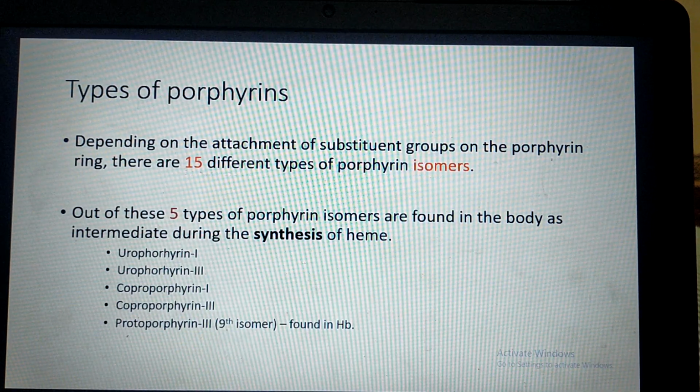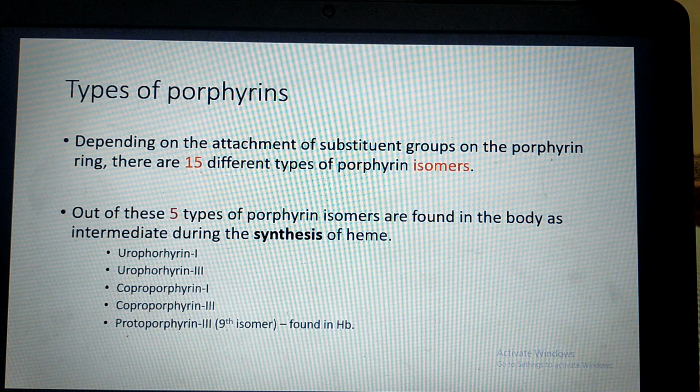As I have told you in the previous slides, depending upon the attachment of substituent groups on the pyrrole ring or porphyrin ring, 15 different types of porphyrin isomers are found in nature. Out of these 15, only 5 types of porphyrin isomers are found in our body during the synthesis of heme, as intermediates.